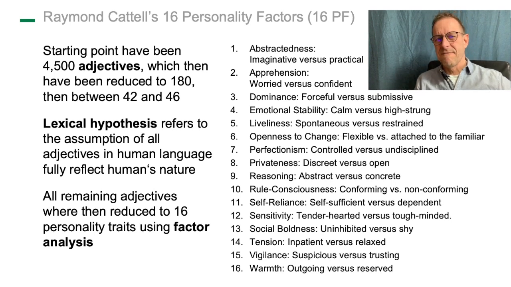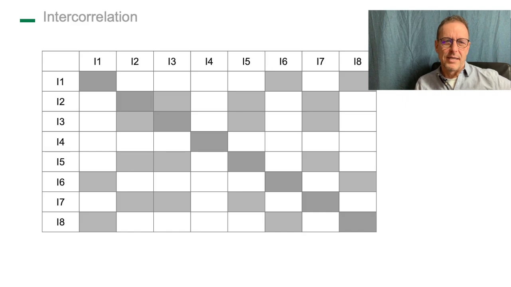But to show you the underlying idea of factor analysis, here you find a very, very simplified intercorrelation matrix. Let's assume we have 8 items. An item, I mean, that could be an adjective, right? Or a kind of question about a human behavior or a human characteristic. Okay? 8 items, 1 to 8.